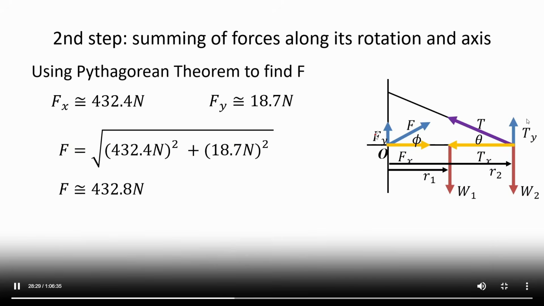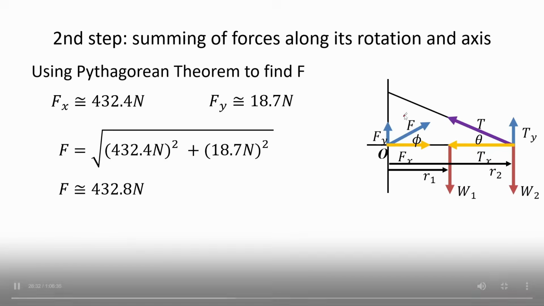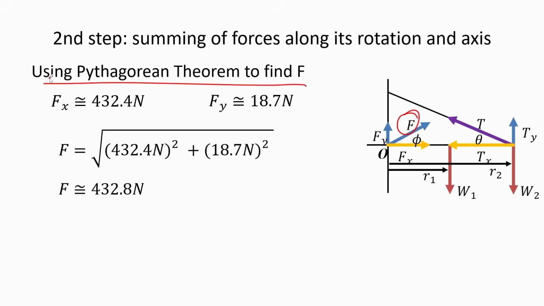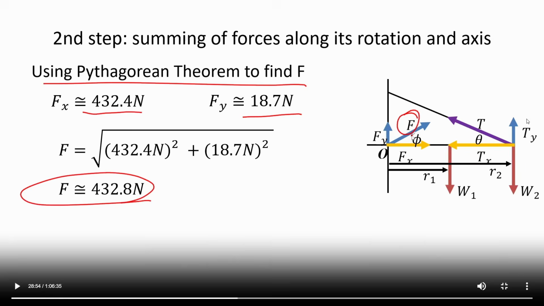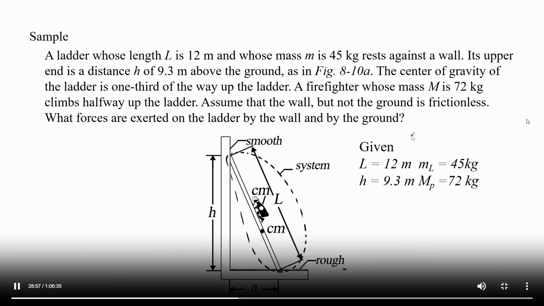Okay, so let's solve for the value of F, and we use the Pythagorean theorem. From the previous slides, we get 432.4 newtons for Fx and 18.7 newtons for Fy. You square both and sum them, and you take the square root, and you get 432.8 newtons as the force. Okay, that's clear. Let's proceed.